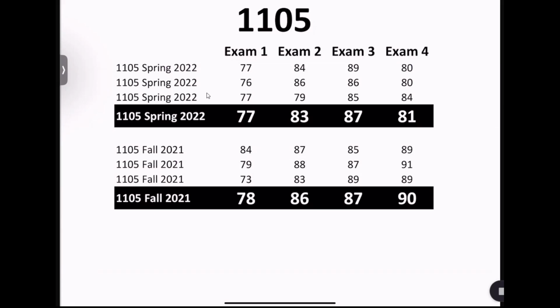I would tell you this. Fall 2021, my passing rate was 10% higher than the rest of the school. Spring 2022, same exact. So this 9% that you saw is like the 10% of my passing rate dropped.